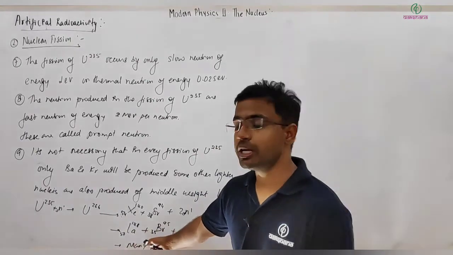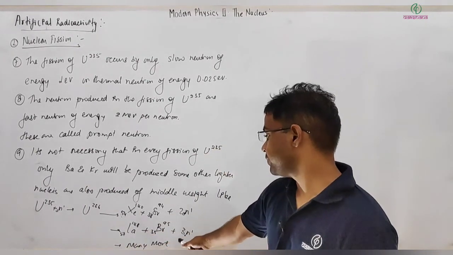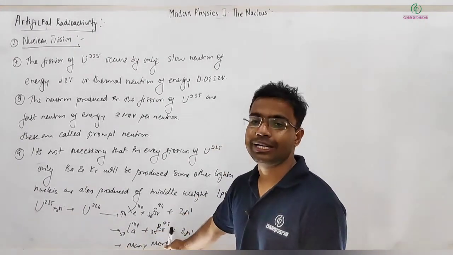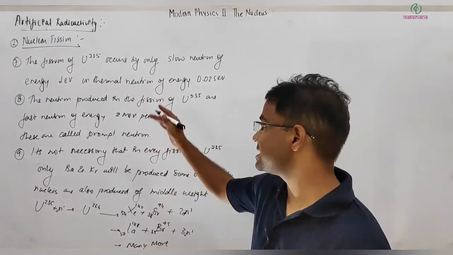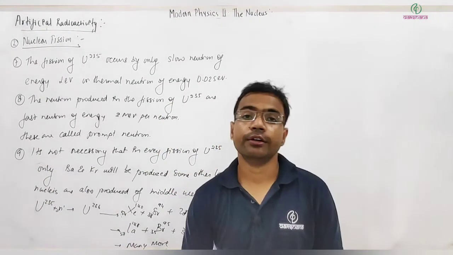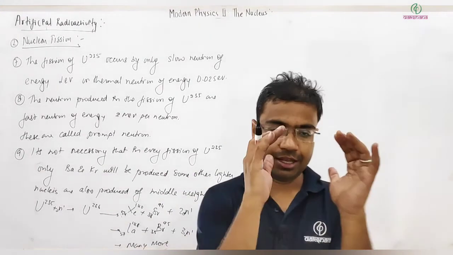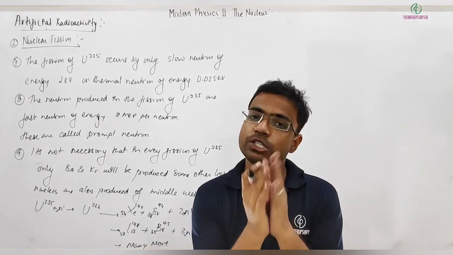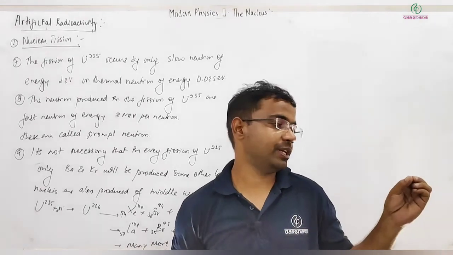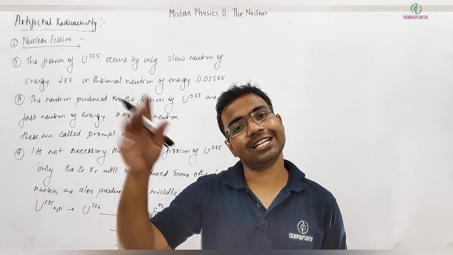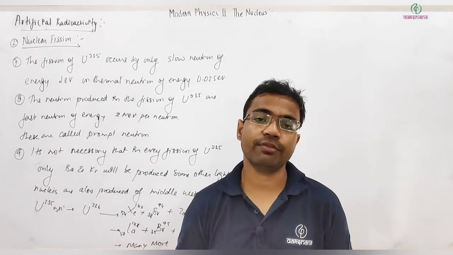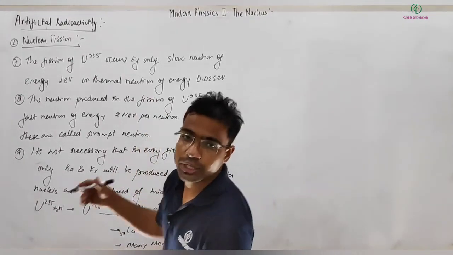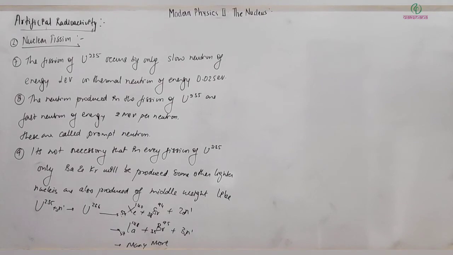It can also break down into lanthanum and bromine, with mass numbers 148 and 95, with the release of 3 neutrons, and many more. So this is the nuclear fission process: one unstable or heavy nucleus, when bombarded with a neutron, splits into lighter nuclei with the release of fast neutrons and a large amount of energy.